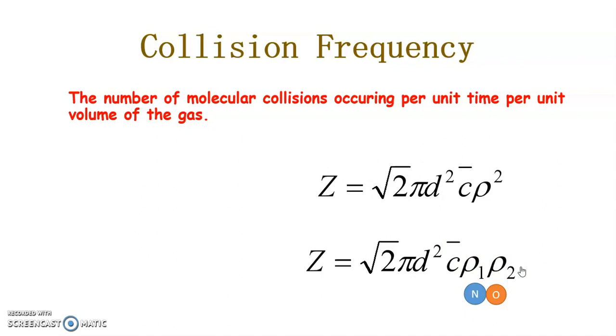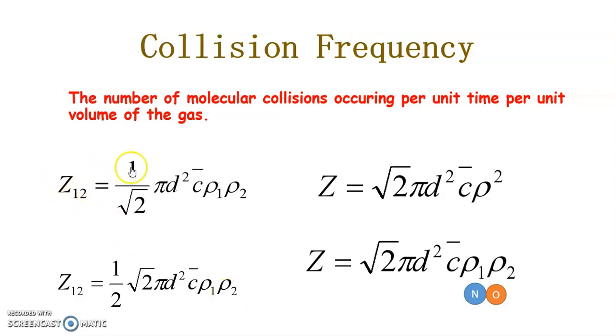Also, since each collision involves two molecules, it readily follows that the number of collisions of two molecules per unit time per unit volume will be half of the collision number. That is, for one collision, two molecules are involved.